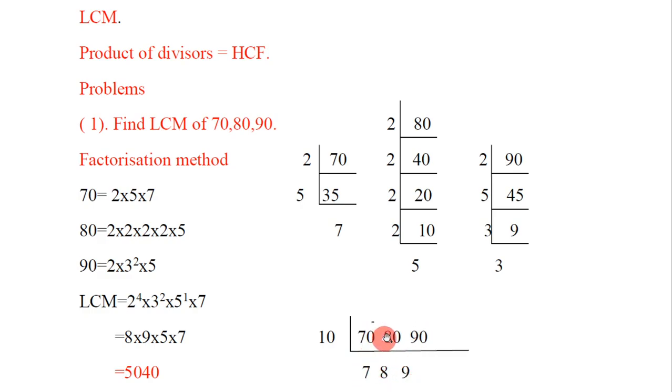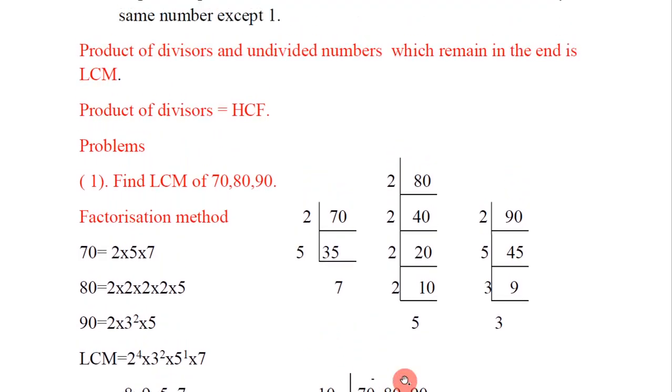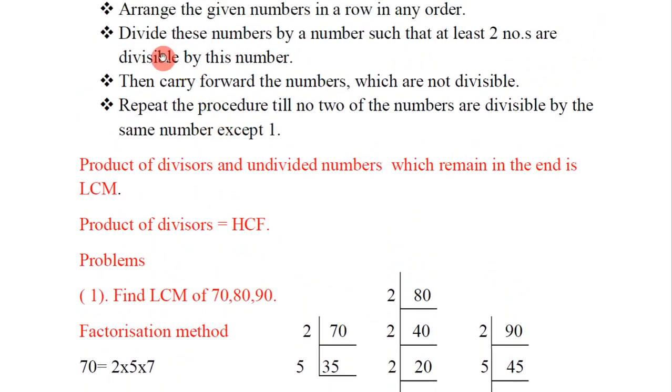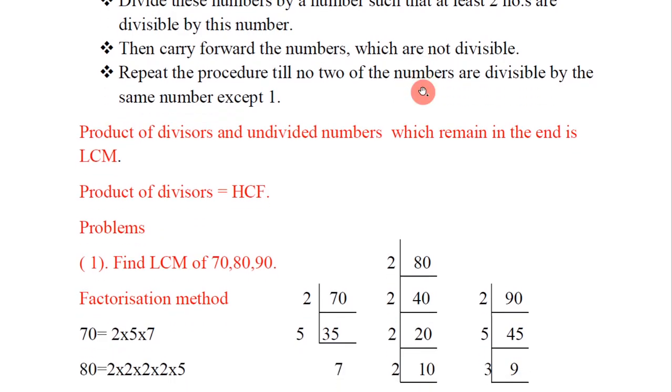So here we can see that all 3 are divisible by 10. If any 2 are divisible by a number, then also we can divide. So here 7, 8 and 9. So this is the second step. Divide these numbers by a number such that at least 2 numbers are divisible by this number. Then carry forward the numbers which are not divisible.